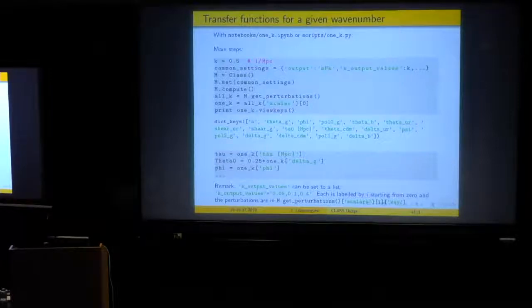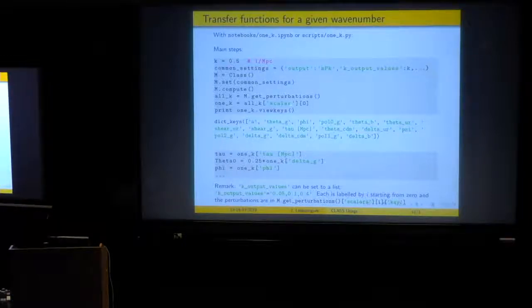So first, get_perturbations will be an array containing the values for all the k's that were here. But there was only one value of k. So I'm interested in this array for the entry scalar and the first mode. Suppose that I had scalar and tensors.